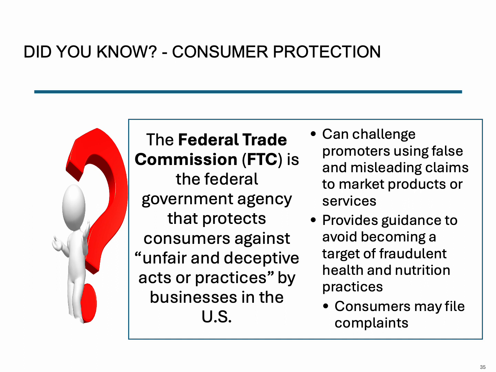And when companies make outrageous claims or have false ingredients in their products, or their products don't contain what they say they should contain, people can file complaints with the Federal Trade Commission, and they'll investigate, and they can give out fines and take action against companies that are involved in fraudulent practices.